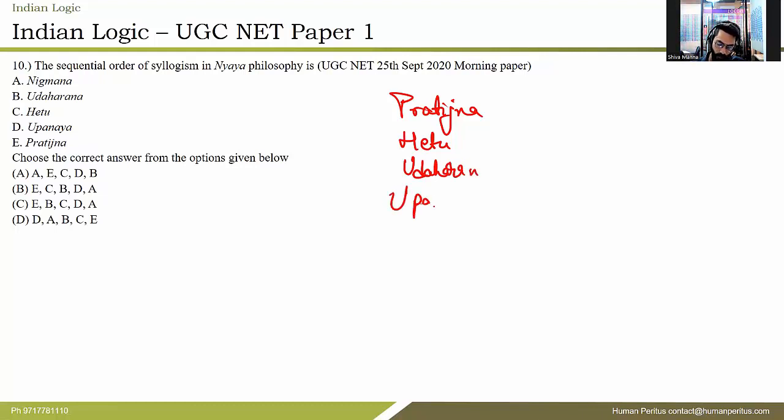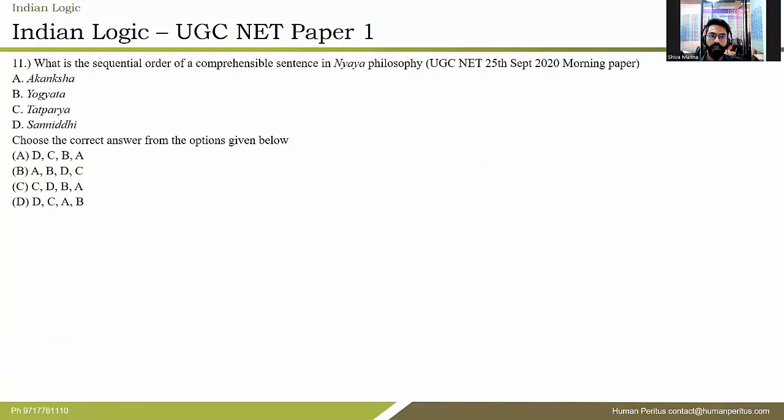Then you have upanaya, application. Finally, you have conclusion, which is nigamana. Proposition, ground, illustration, then application, and finally conclusion. All right. So the correct option is B.